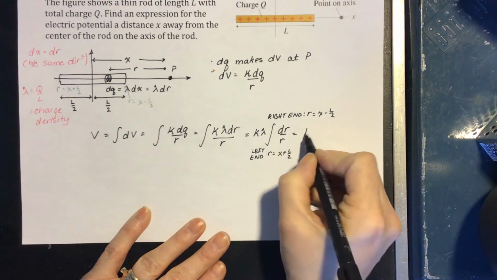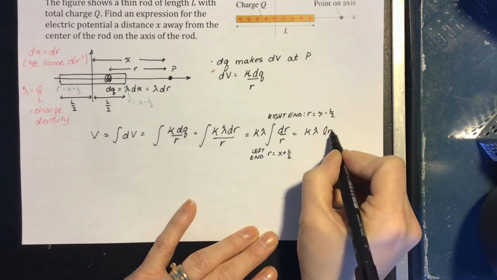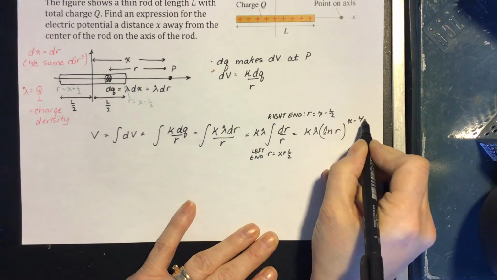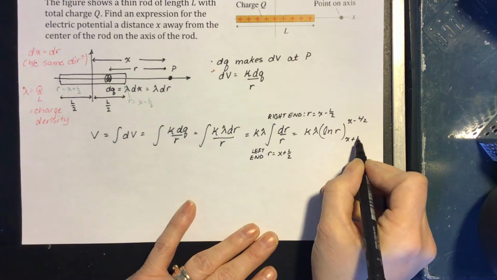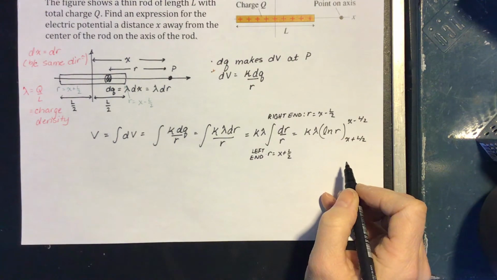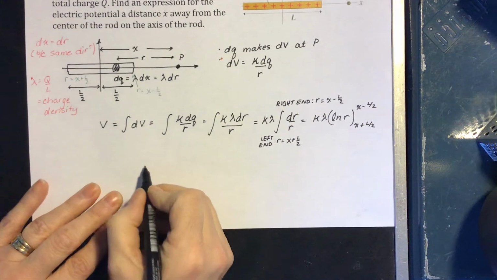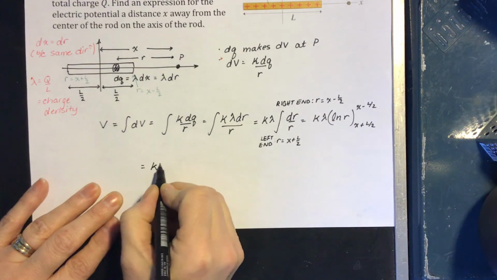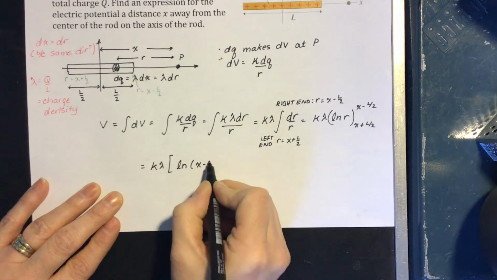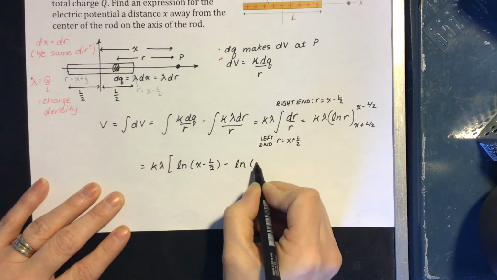The integral of 1 over r is the natural log of r. That's going to be evaluated at x minus L over 2 and x plus L over 2. So let's put in those limits of the integral. We get k times lambda times the natural log of x minus L over 2, take away the natural log of x plus L over 2.